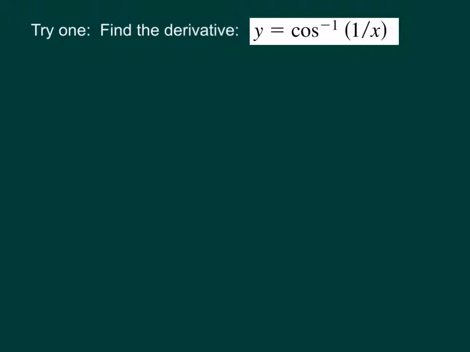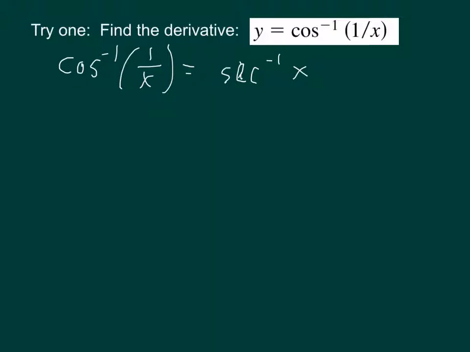One way you can think of this is by using one of those identities we just saw and say that the inverse cosine of 1 over x is equal to the inverse secant of x.